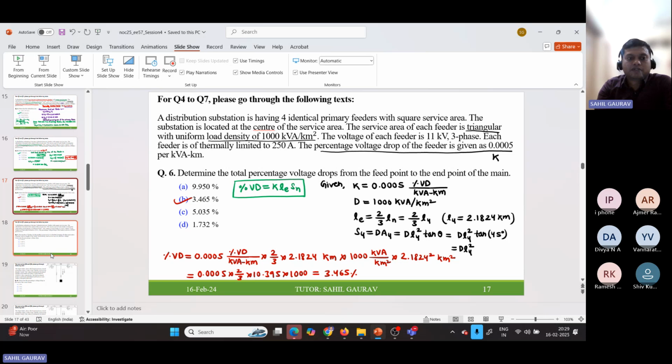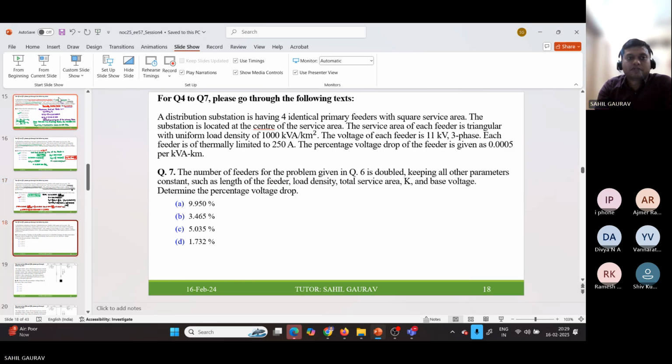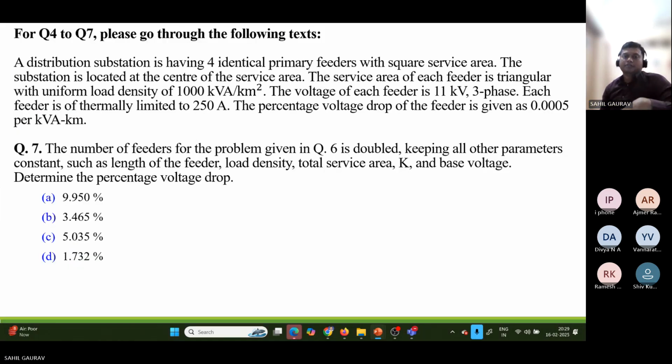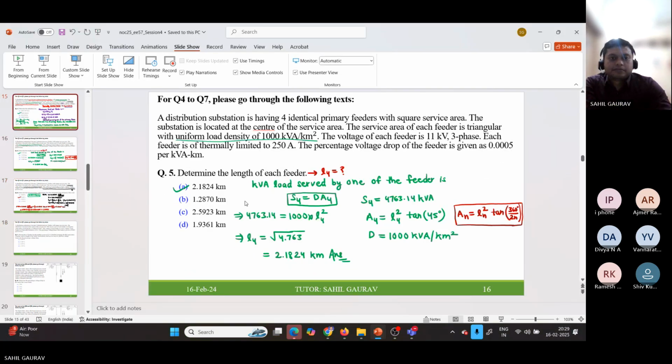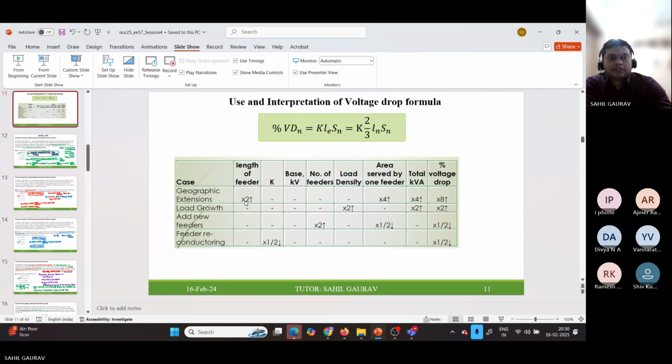Now let us come to the 7th problem. It is very simple. No need to do calculation. In this, they are asking that if the number of feeders for the problem given in question 6 is doubled, keeping all the other parameters constant, such as length of feeder, load density, total service area, and base voltage, determine the percentage voltage drop. So I am giving you a hint. Take the help of this table.